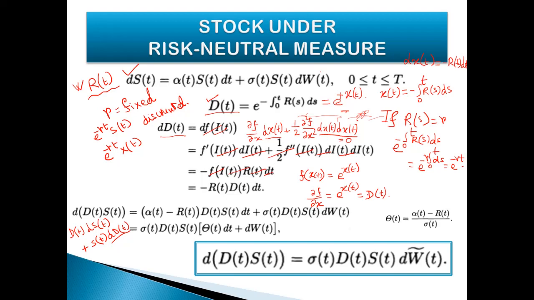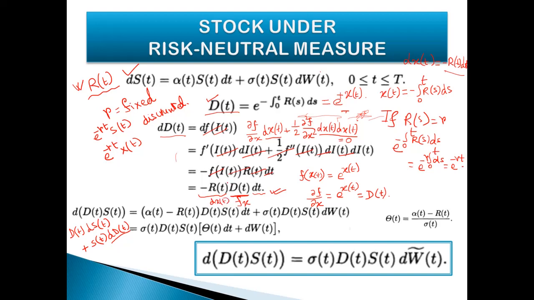It is D_t. And dx_t is minus r_t dt. So we have minus r_t D_t dt. Clear? This D_t is from our del f del x, and this is minus r_t, and the dt is from our dx_t.